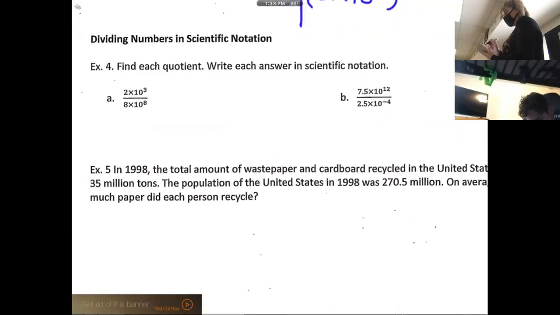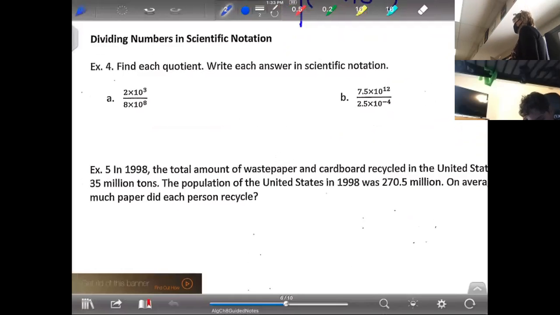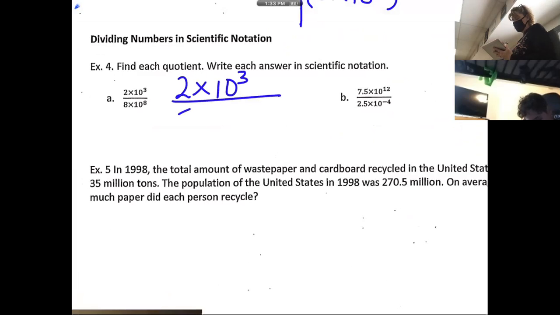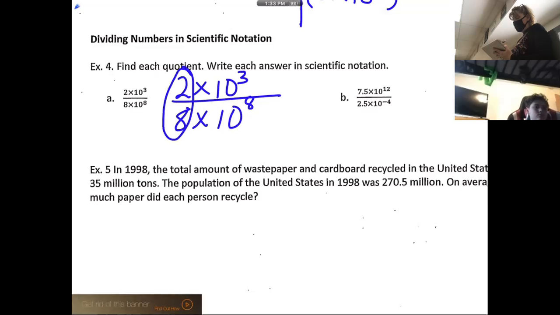Okay, we're going to do some division now. When we were multiplying, we multiplied the big numbers and we added the exponents. So this time, we're going to divide and subtract.